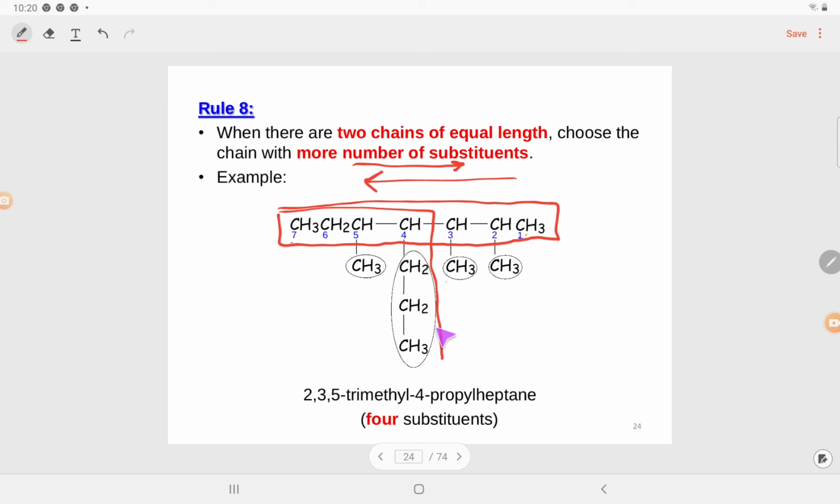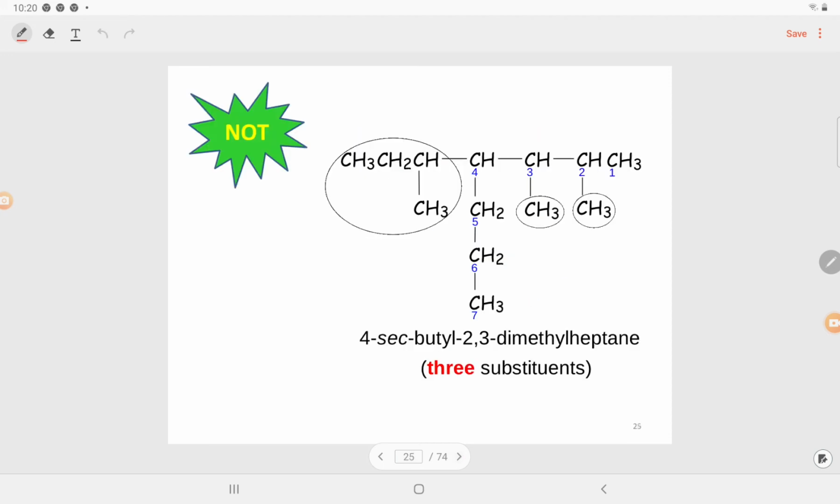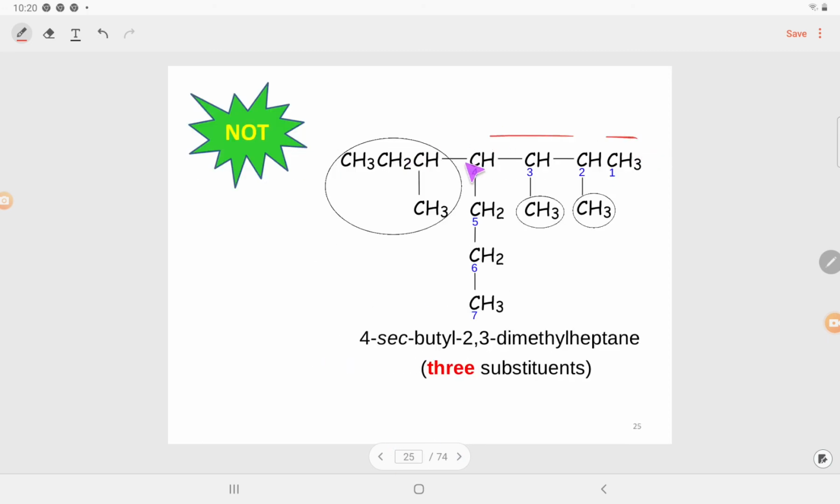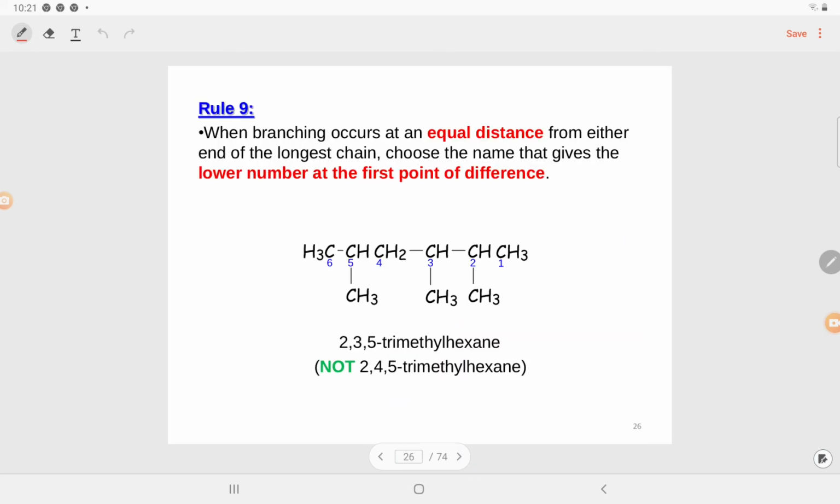But when we count the total substituents, in this position we have the highest number of substituent groups. So this answer is incorrect. Although the longest chain is 7, the total substituents here consist of 1, 2, and 3 only. So this cannot be accepted as the nomenclature of the compound.